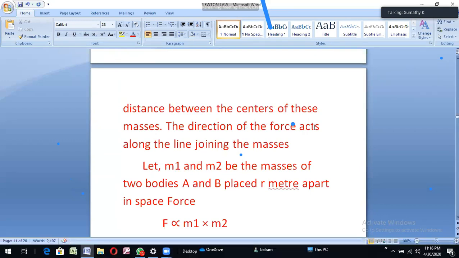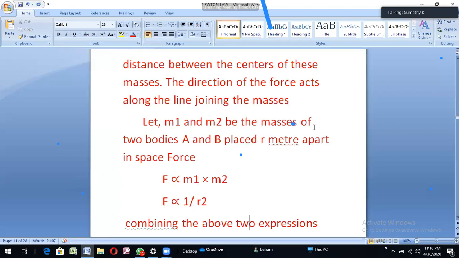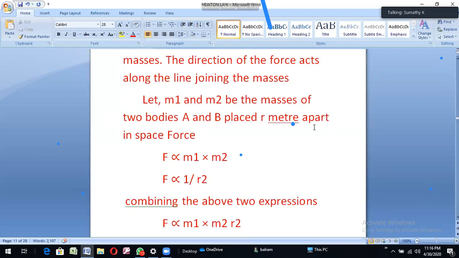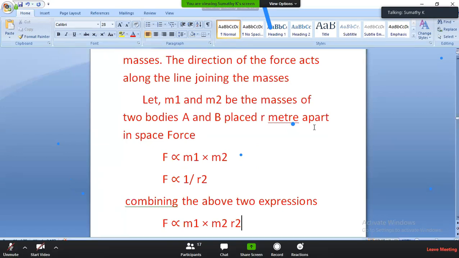Now the derivation. M1 and M2 are the masses of two bodies attracted towards each other at a distance r meter. Small r represents the distance in meters between bodies A and B. So F is proportional to M1 into M2.